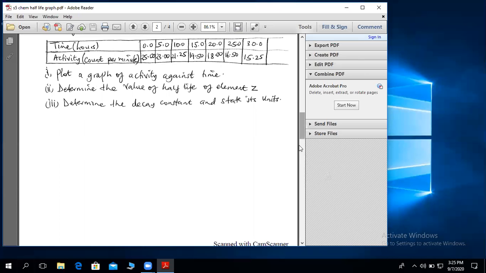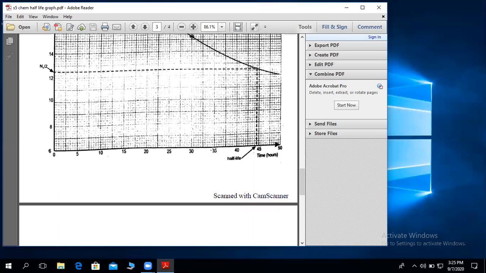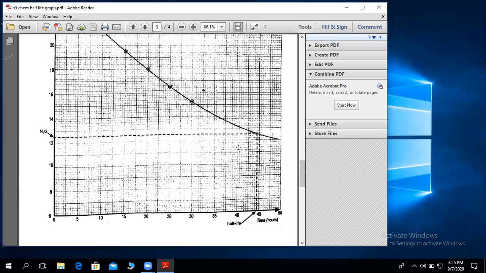Now there is a question which you always ask here. Determine the order of reaction. Now, here the half-life helps us to determine the order of reaction only if it is of order 1. And how do you conclude?